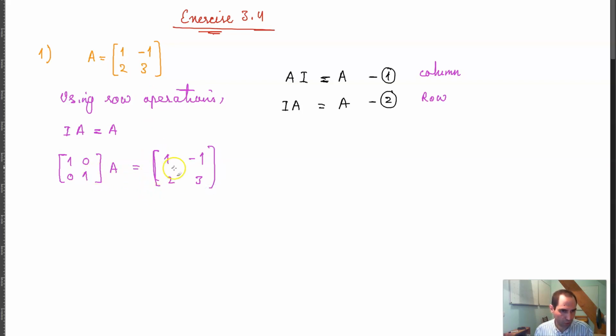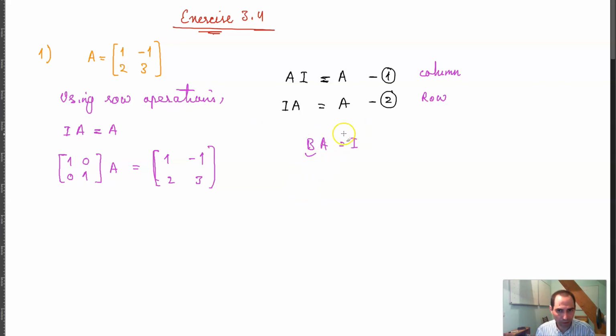Now what I want to do here is that since I want to use row operations, I want to somehow get this matrix to look like this matrix, because I want this equation to become like B times A is equal to I, and therefore from that I want to conclude that B is the inverse of A, and that way I know what is the inverse of A, right?